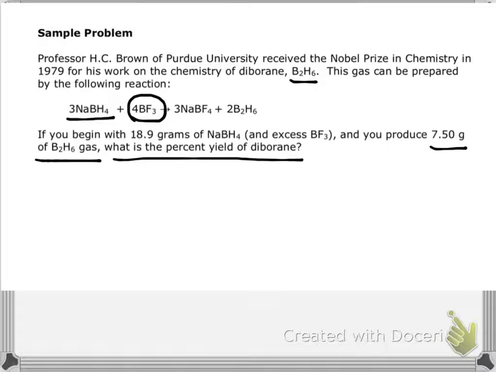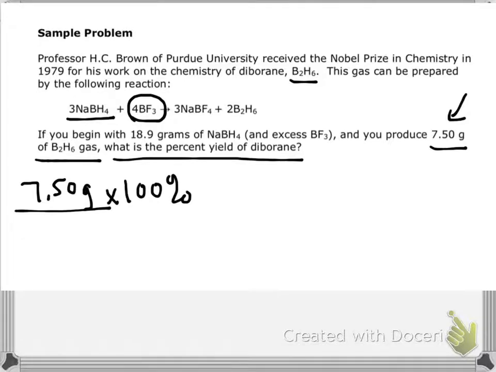Well, I have my actual yield, 7.50 grams. What I don't have is that theoretical yield to divide it by and then multiply it by 100%. The theoretical yield is the part I have to figure out.